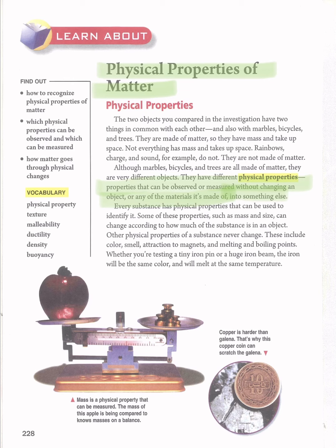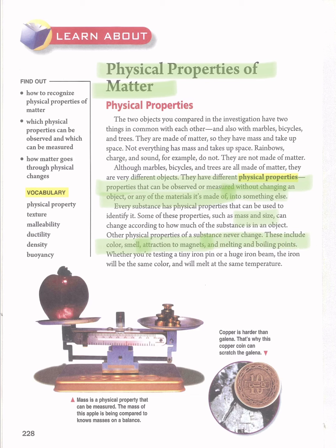Some examples of physical properties are mass and size. Some other physical properties of a substance never change. This includes color, smell, attraction to magnets, and melting and boiling points.